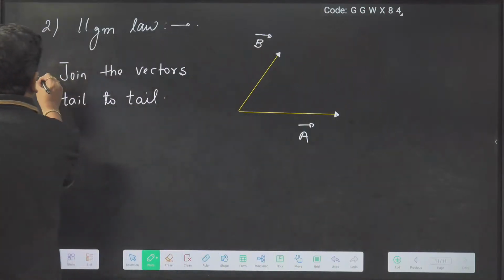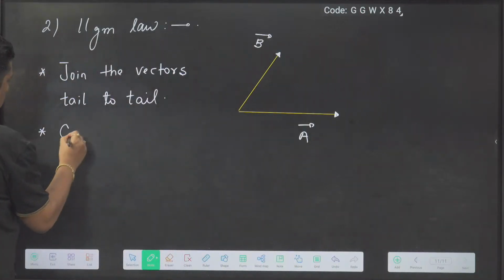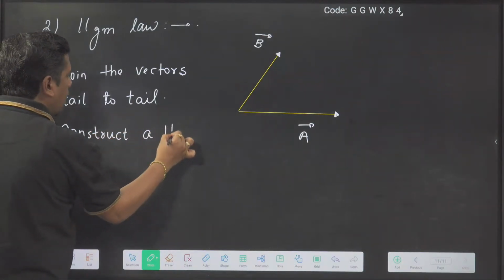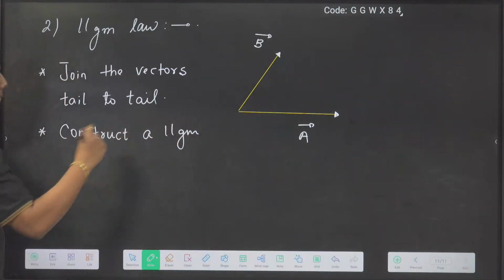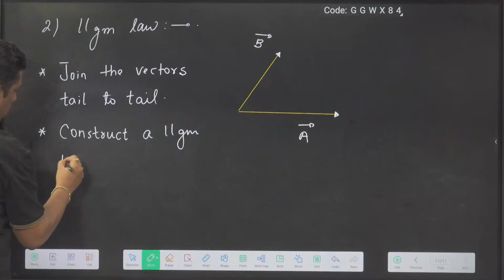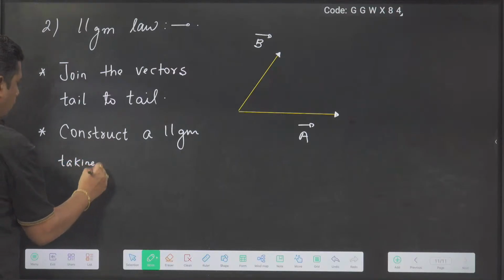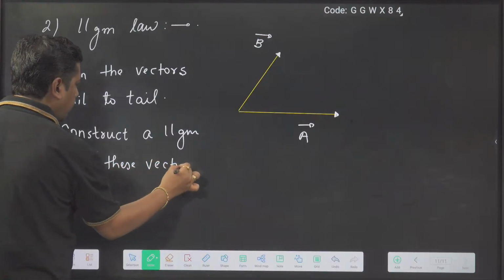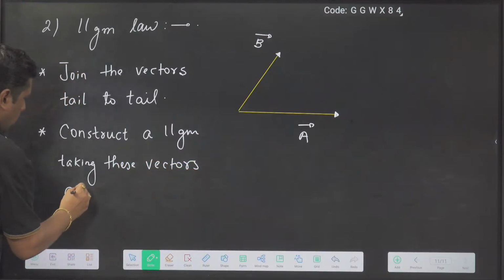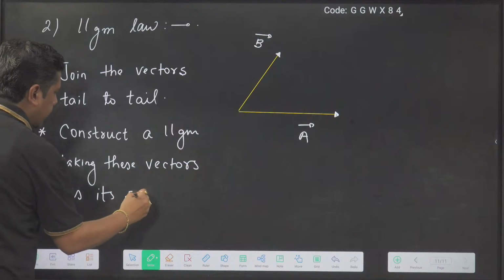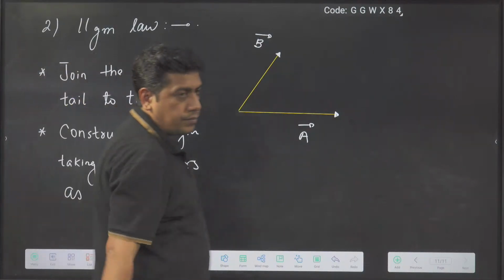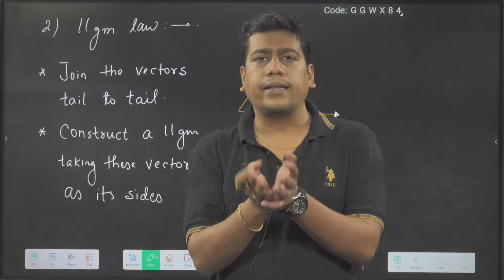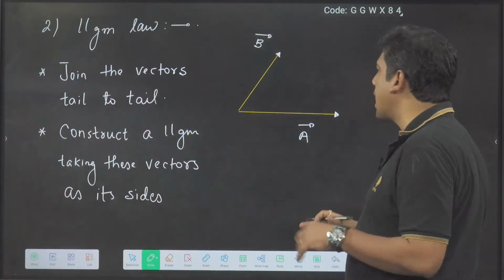Now, after this, what we have to do? Construct a parallelogram taking these vectors as its sides. Means you consider that these vectors are the sides of a parallelogram and then draw the complete parallelogram.